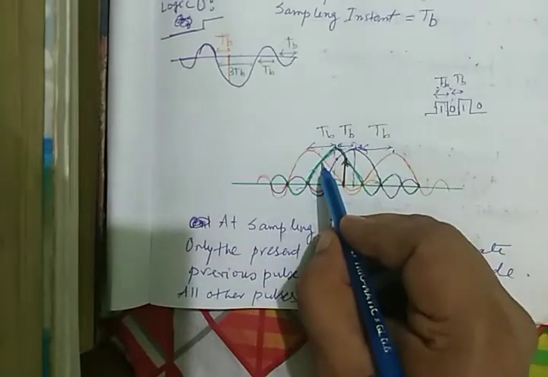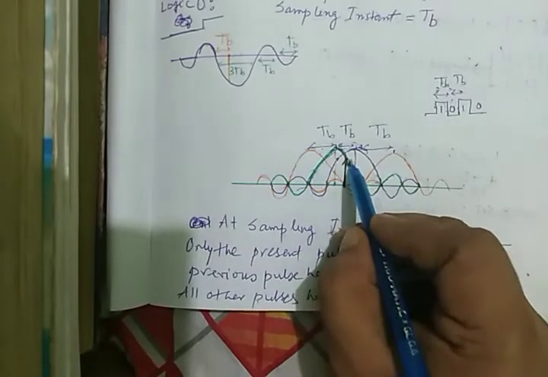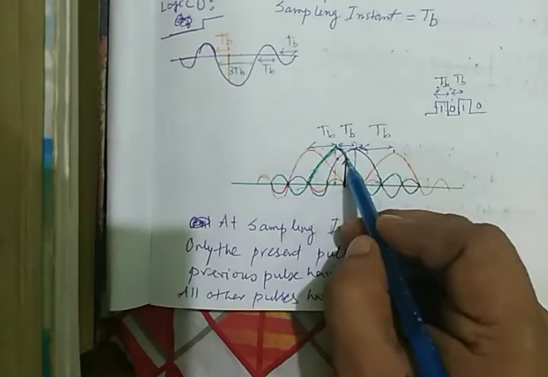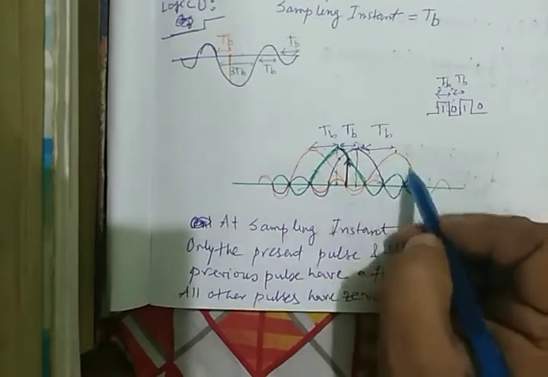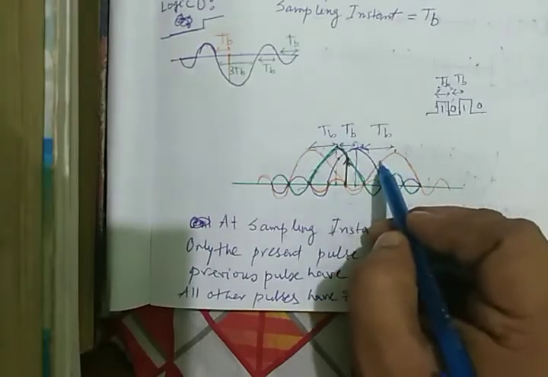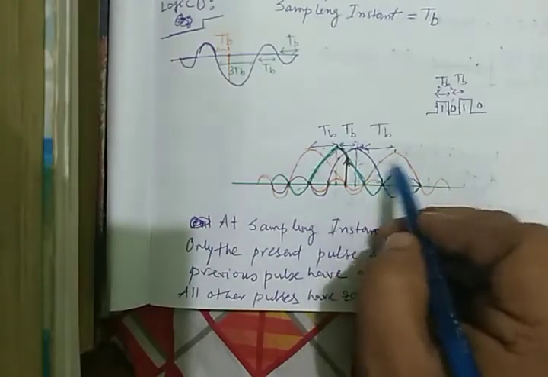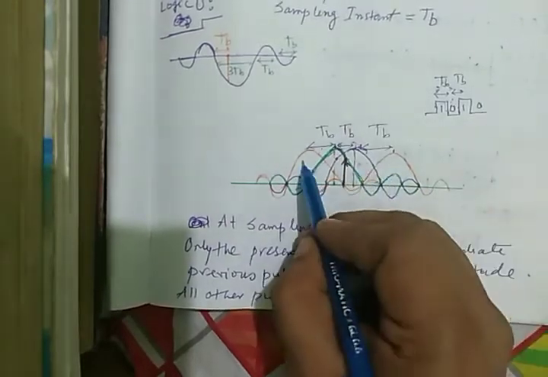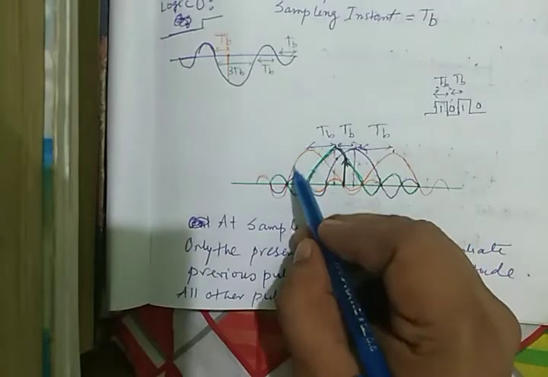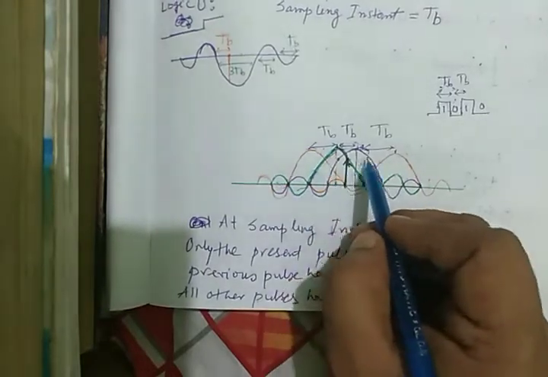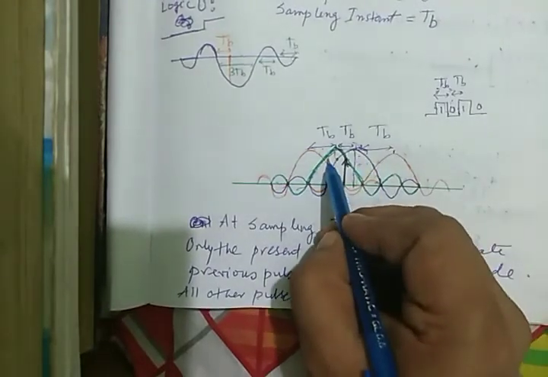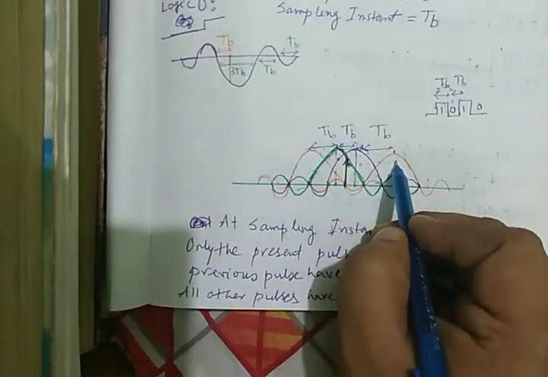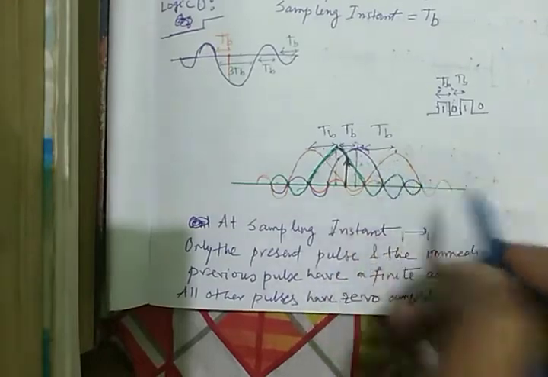The green color pulse is the previous pulse of the blue pulse, and this orange color pulse is the next pulse of the blue pulse. Here is one more orange color pulse, an even earlier pulse. So this is the present pulse, this is the previous pulse, this is the previous to previous pulse, and this is the next pulse compared to the blue pulse.